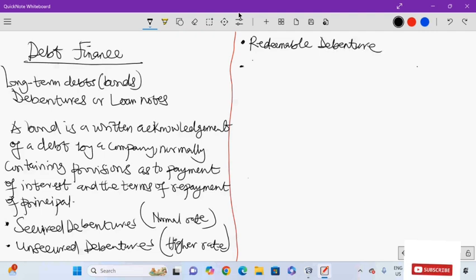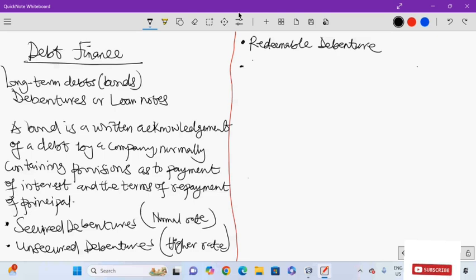So what is a redeemable debenture? This debenture is repayable at a fixed date, or during a fixed period in the future. The lenders will redeem this debt because you are going to pay it at a fixed date. You have been given a particular date to pay this debt.